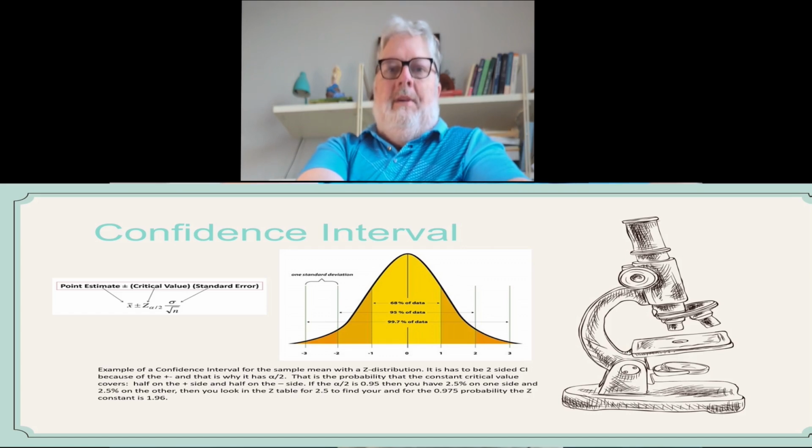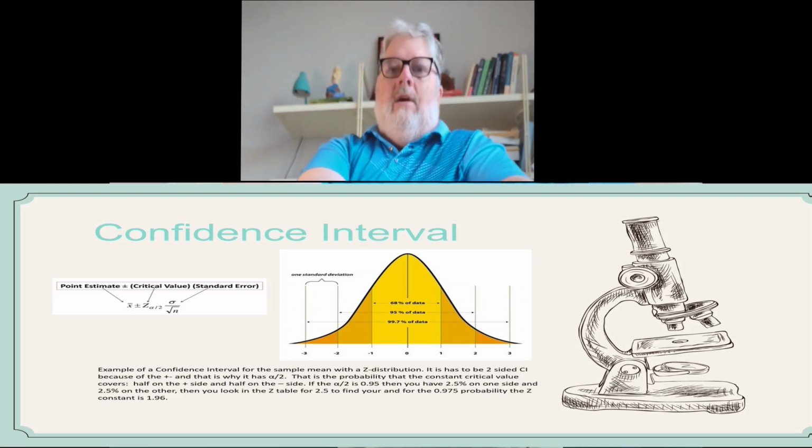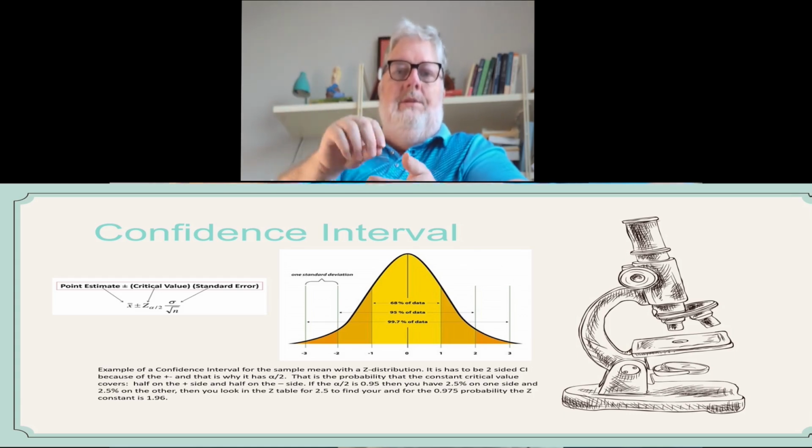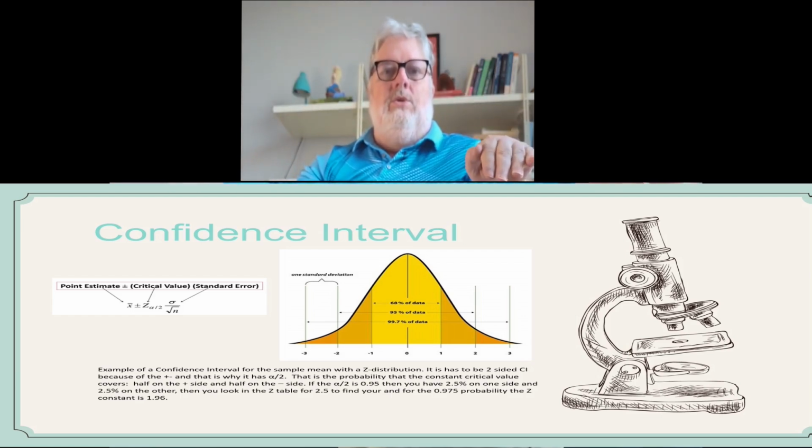Okay, so you've got a distribution, you've got a mean and standard deviation, you'll have a range. The confidence interval is a formula similar to that, and then what you use is a value from the table that represents what percentage of the distribution you want to use.